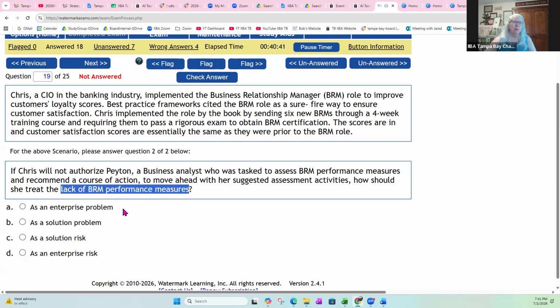Is it an enterprise problem, a solution risk, or an enterprise risk? I think it's C. Why C, a solution risk, and not an enterprise risk? So what were the suggested assessment activities? Exactly.